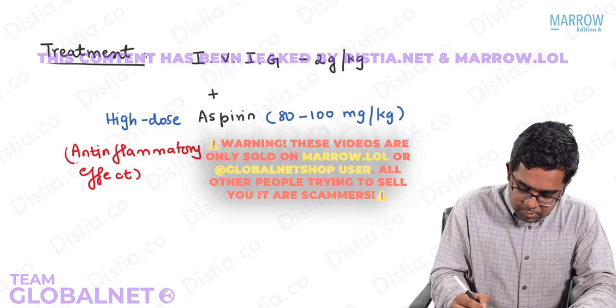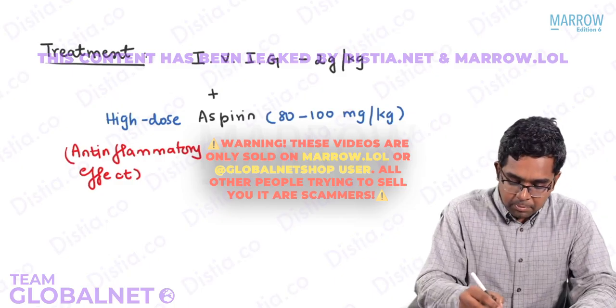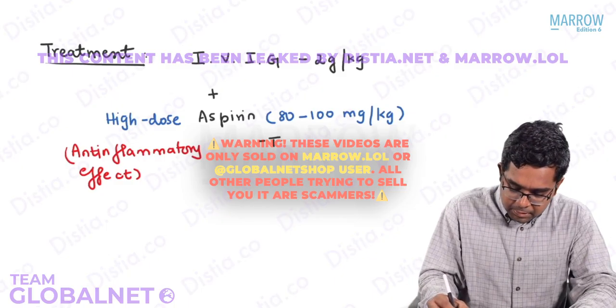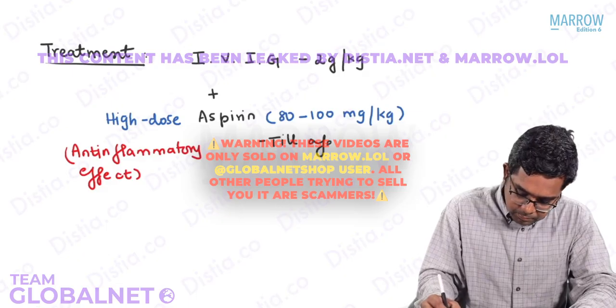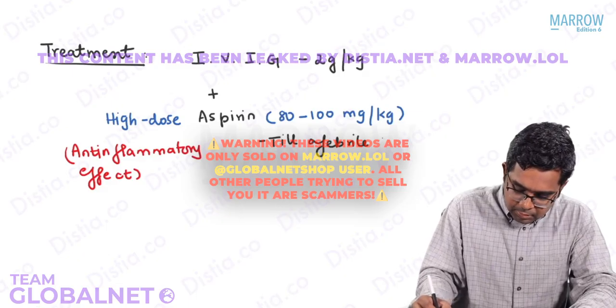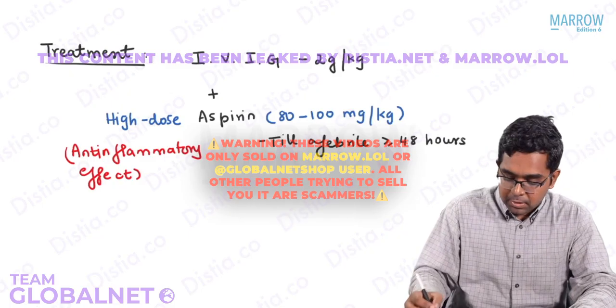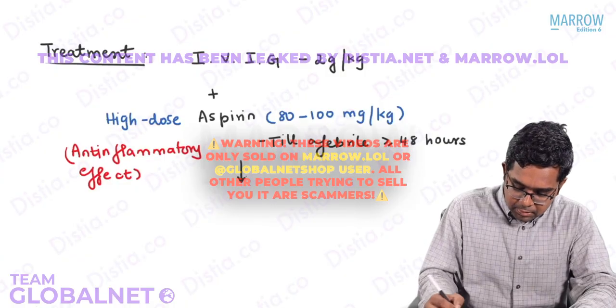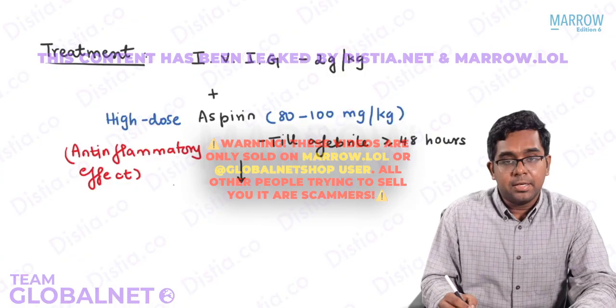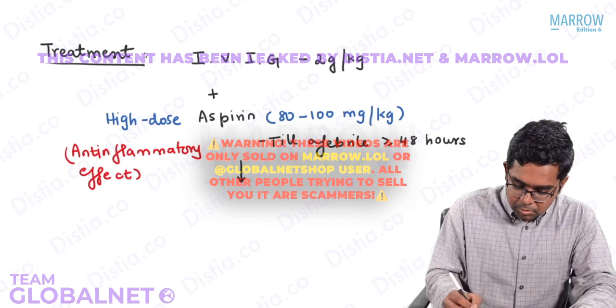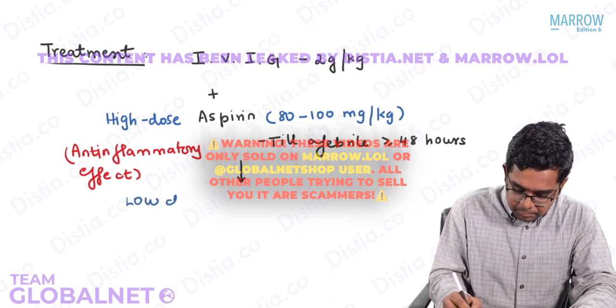How long should you give this high dose aspirin? It has to be given till the patient is afebrile for at least 48 hours. Till that time you have to continue high dose aspirin. And once he is afebrile for more than 48 hours, then you can bring down the dosage of aspirin to low dose aspirin.